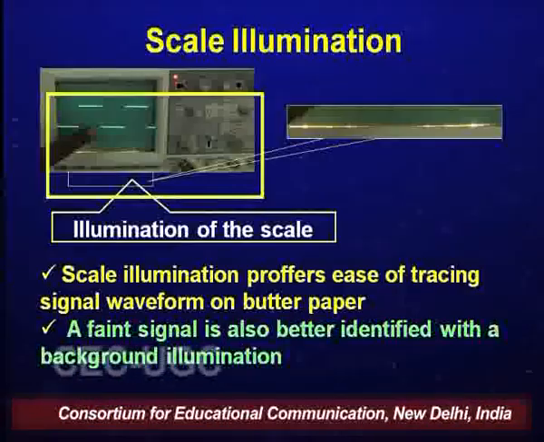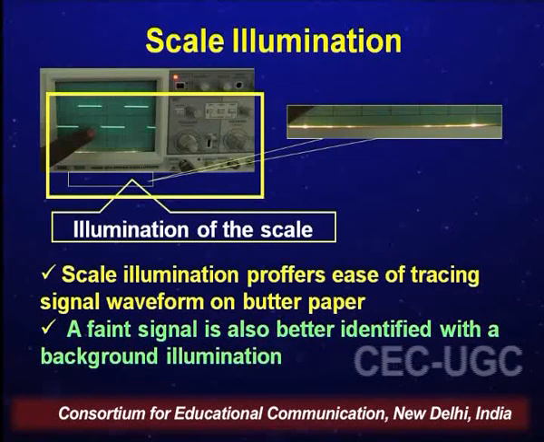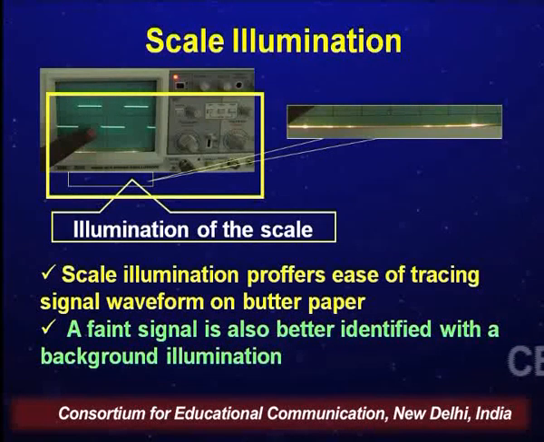Certain CROs offer us the extra feature of scale illumination. Nowadays all students have a mobile phone, so you can take pictures of the waveform that you see on the screen, but it is not possible to put that waveform in your answer scripts or your practical files.